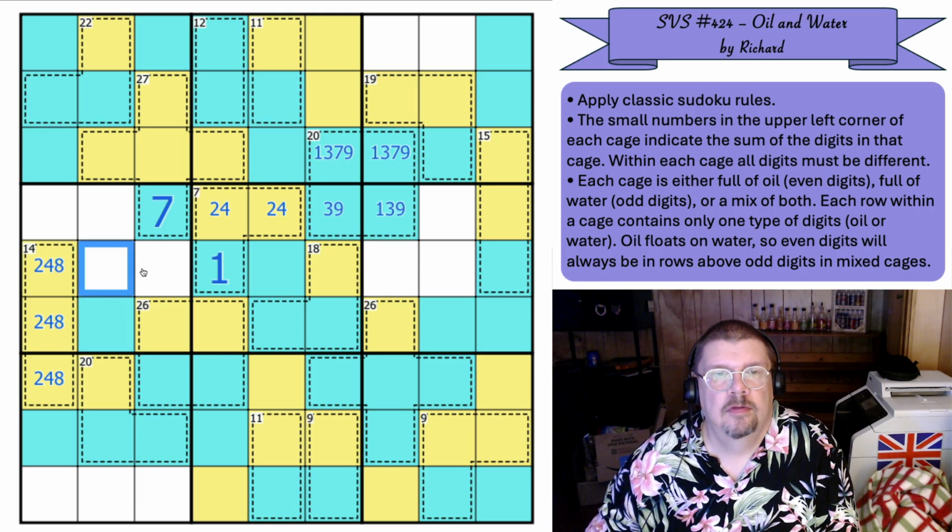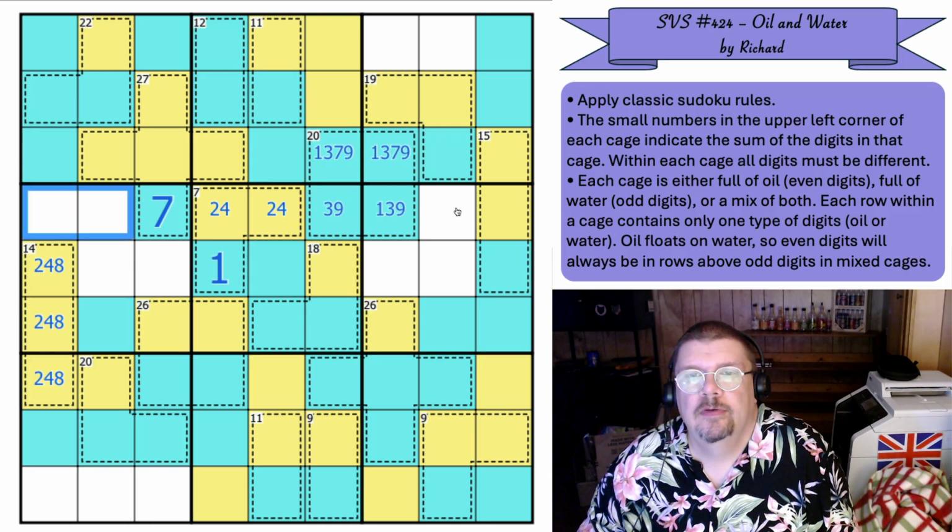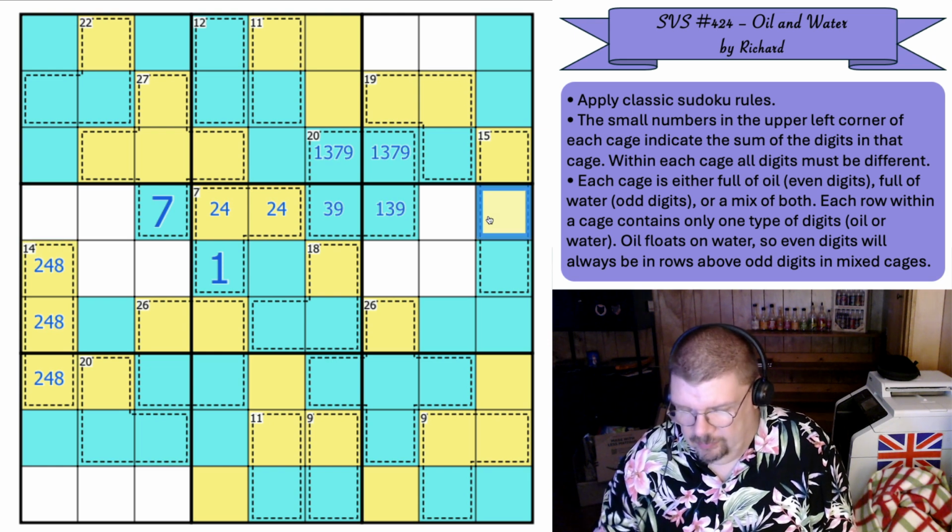Those are even. Those 2 are odd. That becomes even. Yeah, I don't think I can do much more on that for the moment. Right, this, however, is a 6 or an 8.